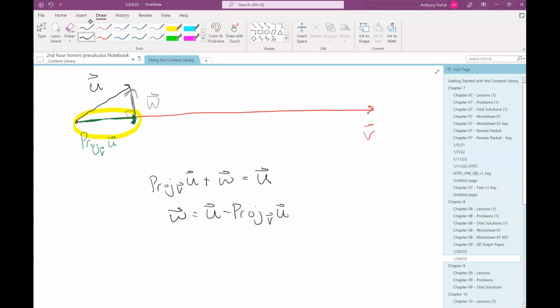If you're talking about, hey, I have some force going at this angle, pushing against this thing, how much of the force is actually being applied in this direction. These become important physics questions. But basically that projection of U onto V is saying how much of U is being applied in the same direction as V. Okay with that idea?